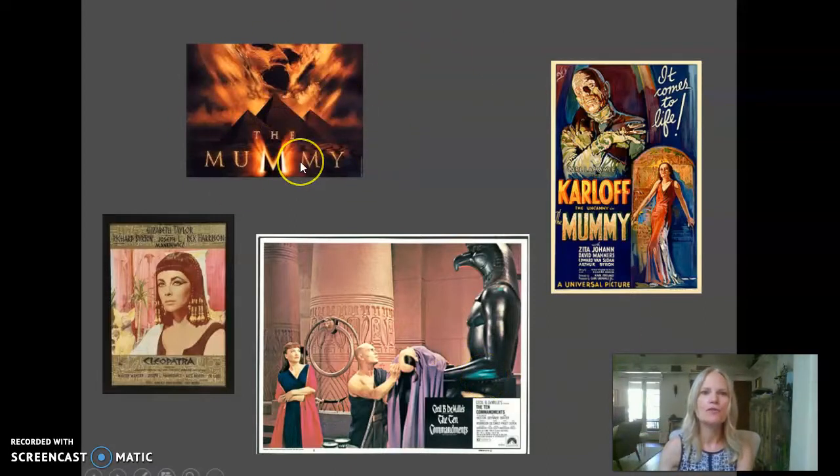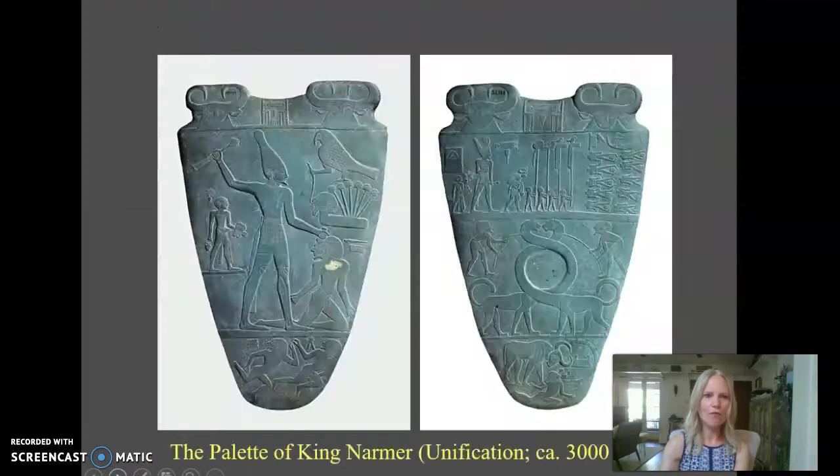The Mummy, of course, is a great early 2000s movie, if you like a swashbuckling adventure comedy. Check that one out as well. But it underscores, of course, we just can't get enough of Egypt, even in our entertainment.